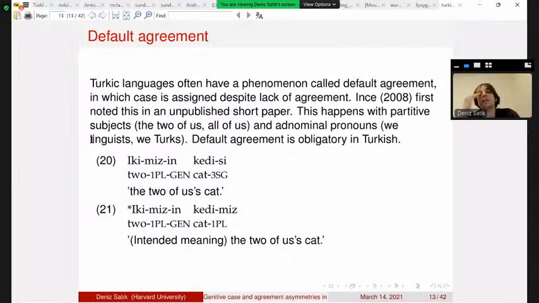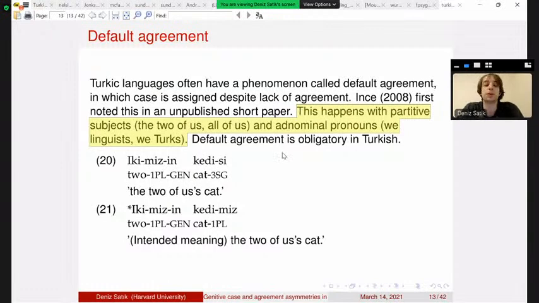But default agreement is seen in Turkish with partitive subjects, like the two of us, all of us, and the nominal pronouns, we linguists, we Turks. The thing in common between all of the possessors that lead to default agreement is that they're all complex.